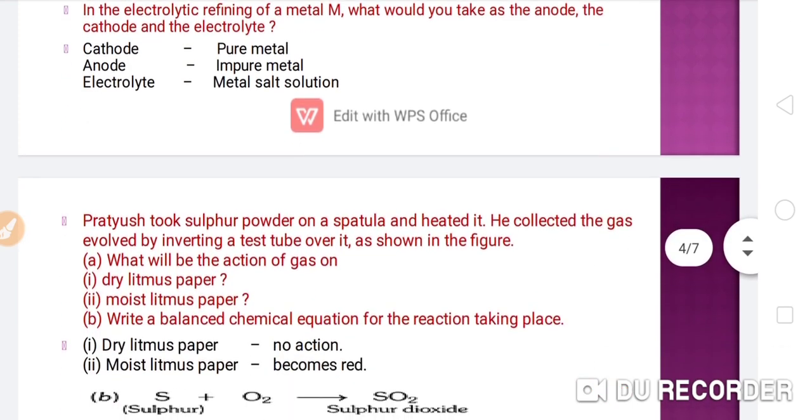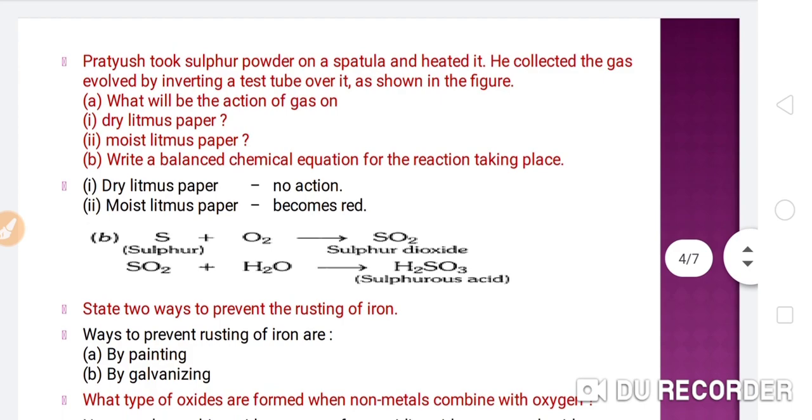Now come to the next question, that is Pratyush. Pratyush took sulfur powder on a spatula and heated it. He collected the gas evolved by inverting a test tube over it, as shown in the figure. What will be the action of the gas on A, dry litmus paper, and B, moist litmus paper?